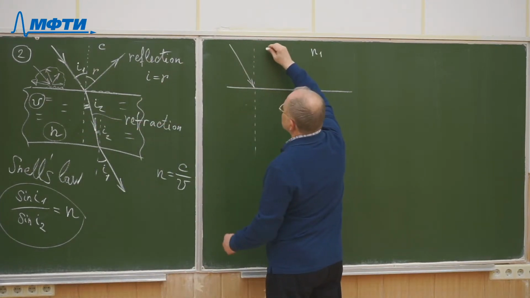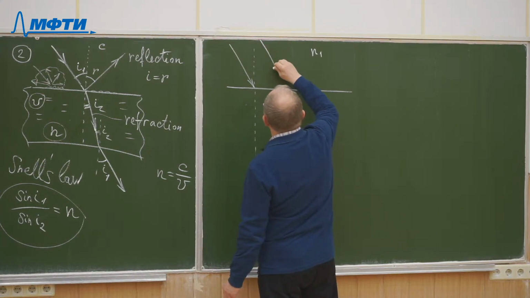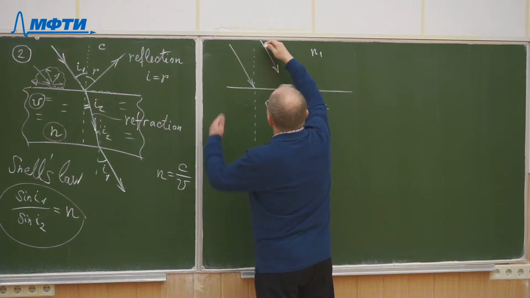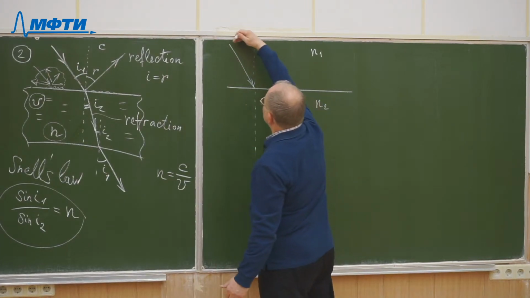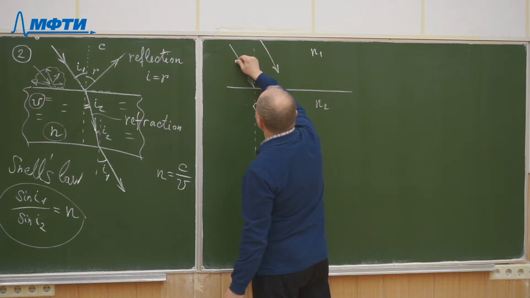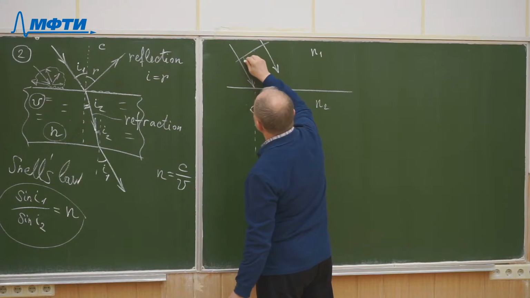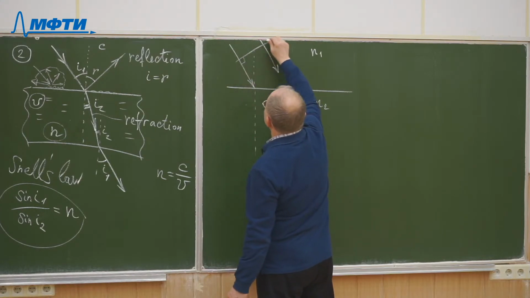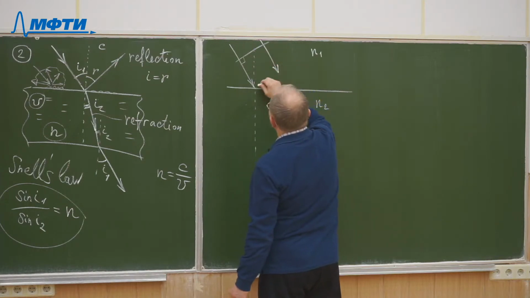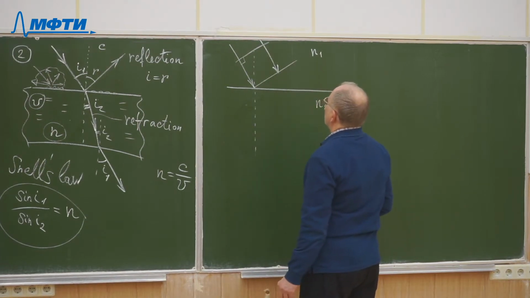So we consider this beam of light as if it were a thick beam of light, that is, the whole space filled with this plane wave. And the plane wave must have a wavefront which is perpendicular to the wave propagation, and wave propagation is the light beam. So this is a right angle, and this is the wavefront, and the wavefront propagates in space with the velocity of light, and at some moment of time the wavefront will be here.